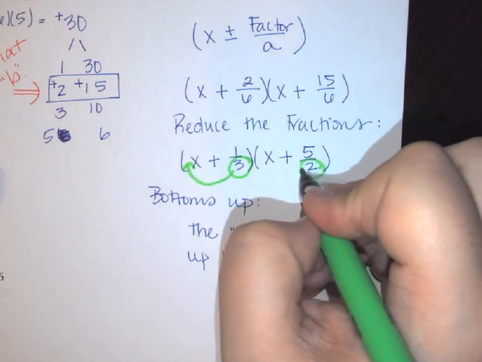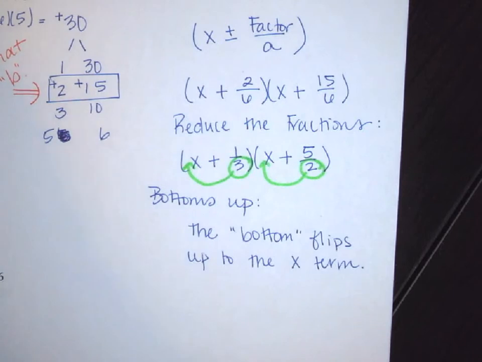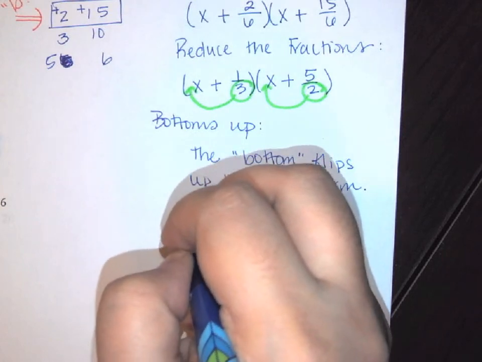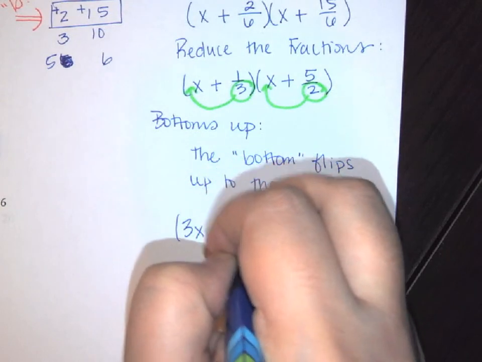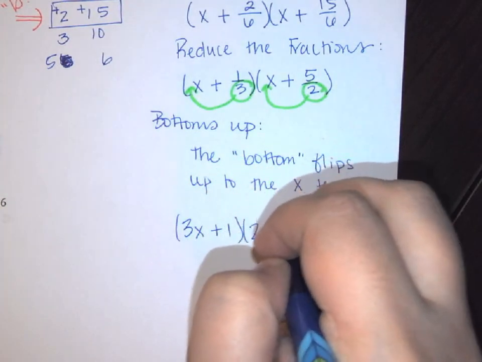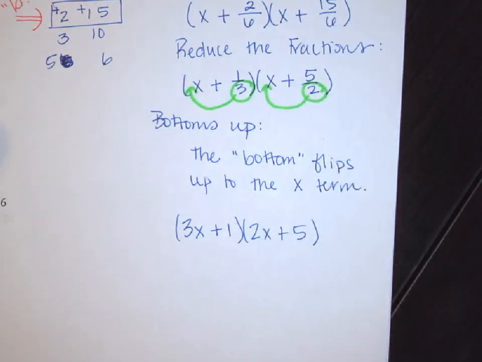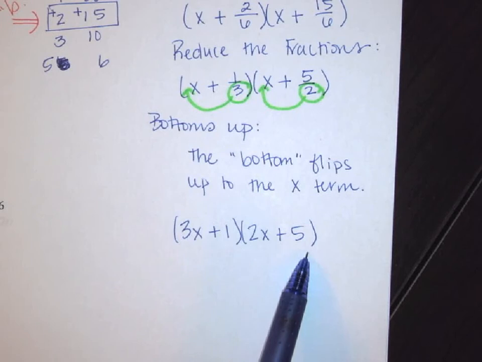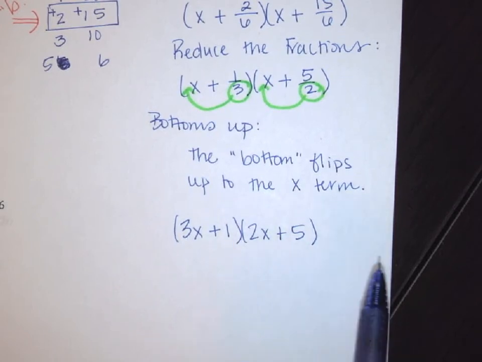My 2 is going to flip up and become partnered with its x. So this becomes 3x plus 1 times 2x plus 5. Now again, if you wanted to check yourself, you could FOIL this back out and you should get exactly what you started with. Okay?